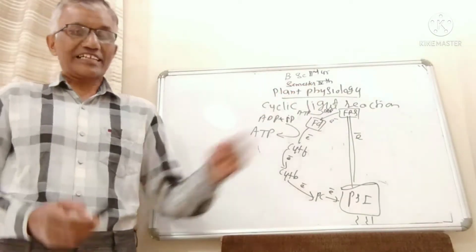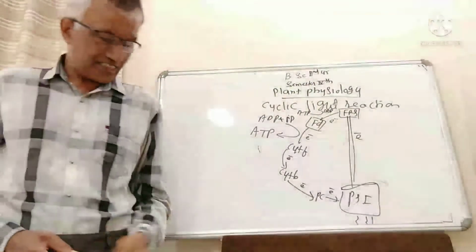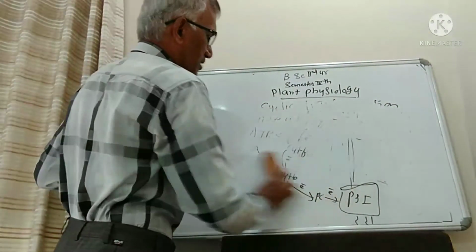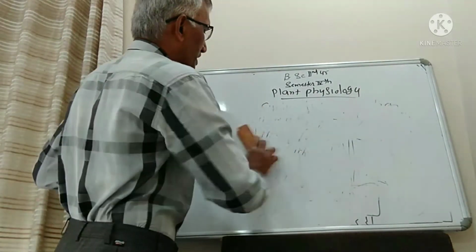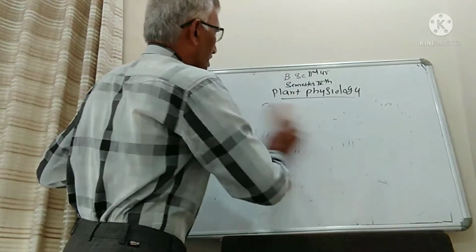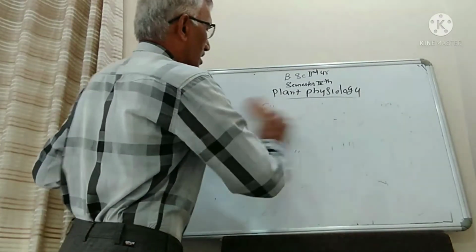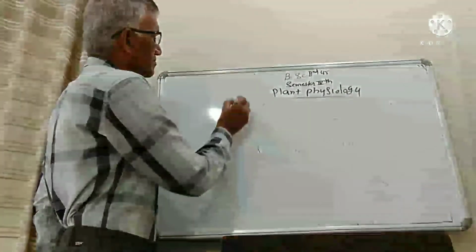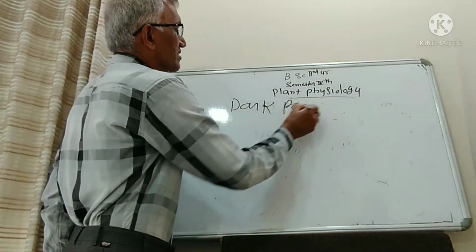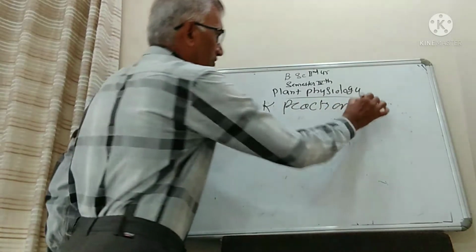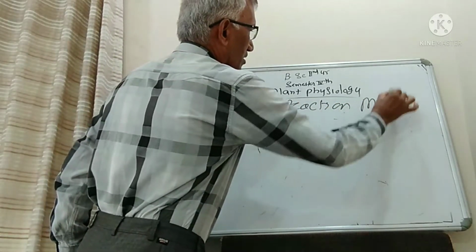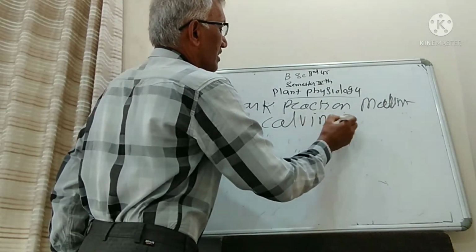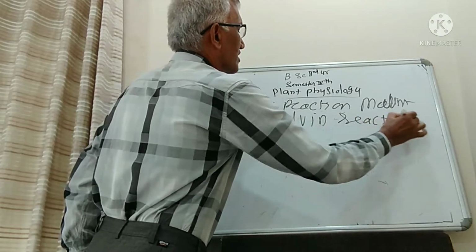Now the second phase of photosynthesis is the dark reactions or carbon dioxide assimilation or carbon dioxide fixation. Today I am going to give a slight introduction regarding the dark reaction, or Melvin Calvin cycle or reaction.